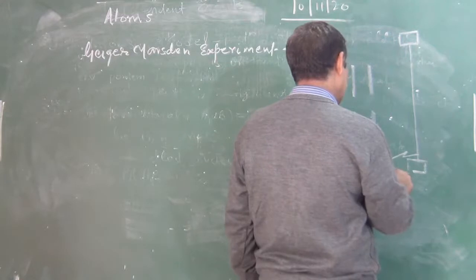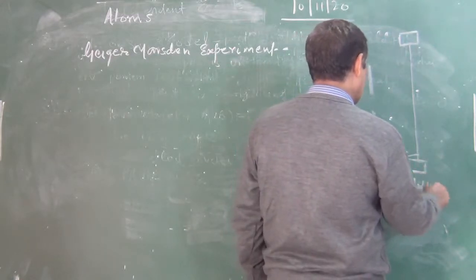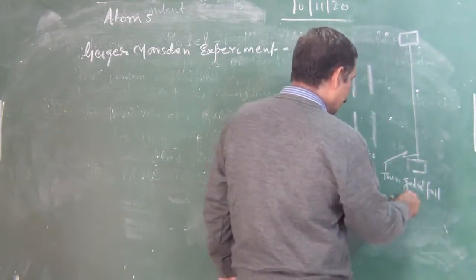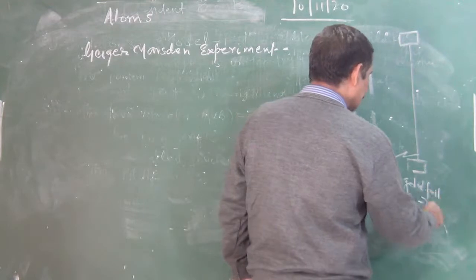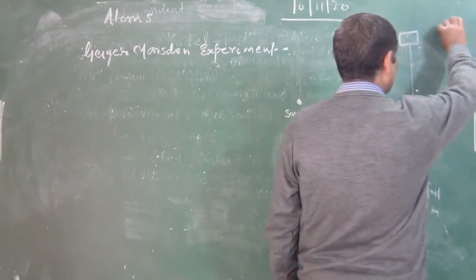Thin gold foil. Its thickness is about 2.1 × 10^-7 meter, and this is a screen.